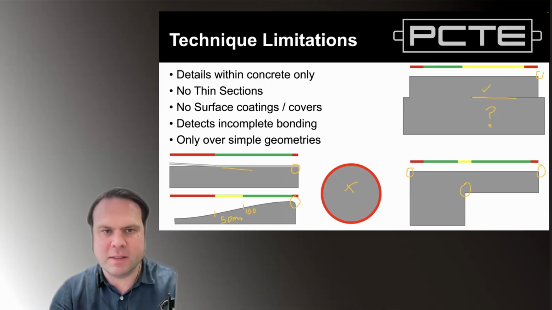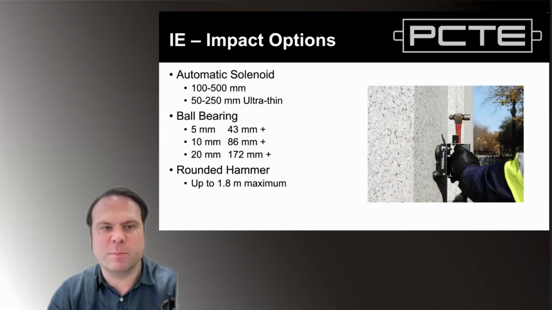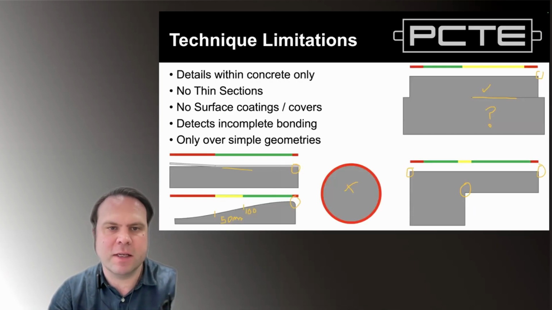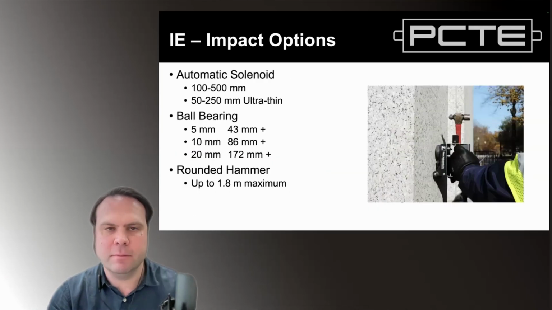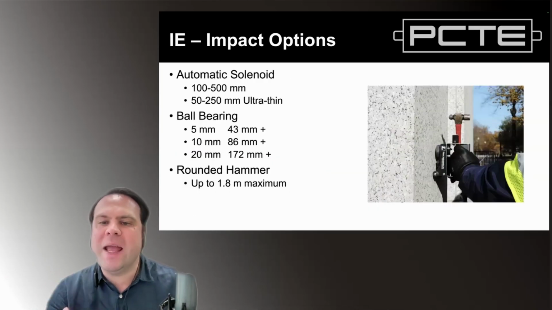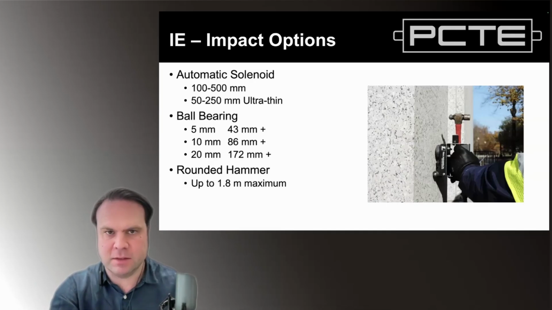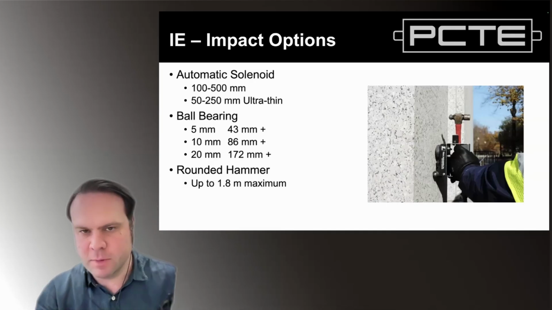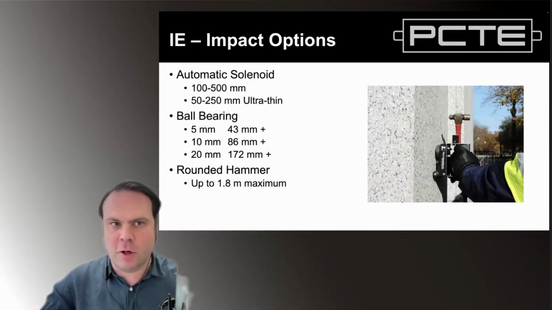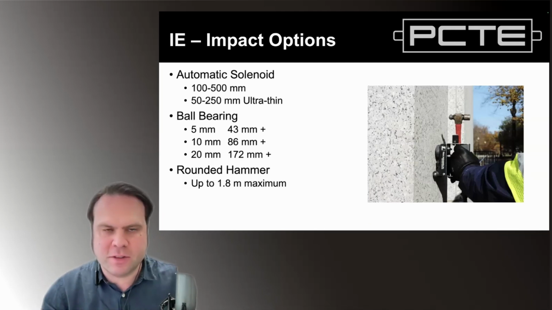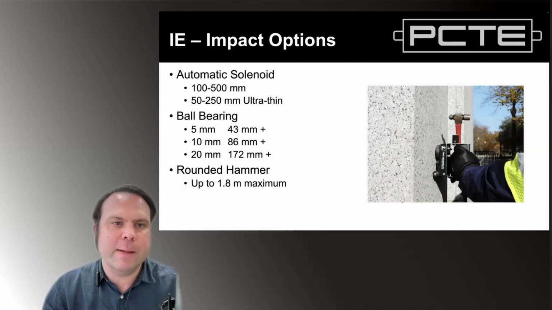When we do complete our test, I've only spoken about the sensitivities and the frequencies. It's worth mentioning that the way we hit the surface as part of impact echo testing actually controls the range of test we are able to work with.